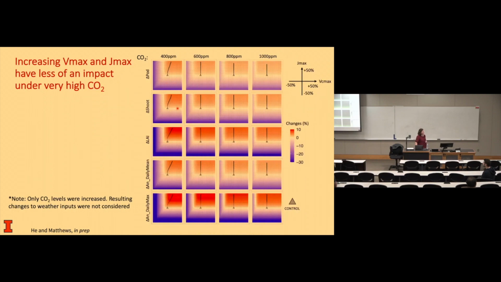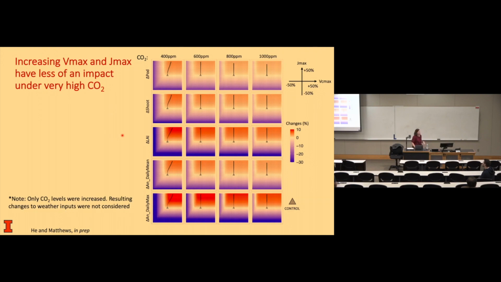As you can more clearly see, at high levels of CO2 the effectiveness of changing Jmax and Vcmax is a little less, especially Vcmax. Most improvements in yields and assimilation come from increasing Jmax, which is related to the light-dependent reactions of photosynthesis. That's shown by this line, the path of steepest increase through gradient descent.